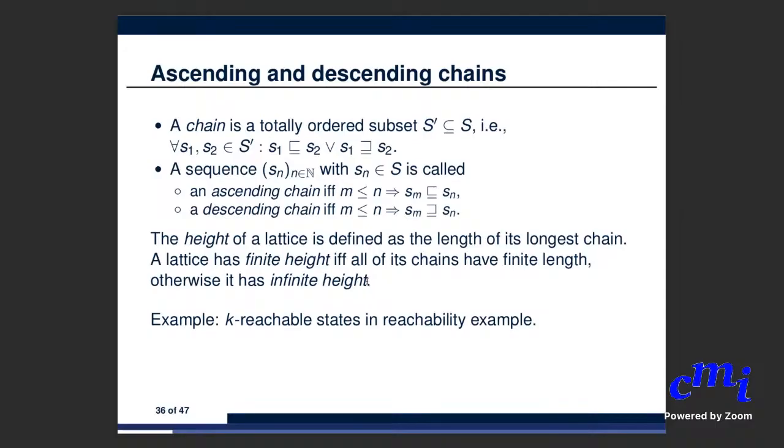If the elements of your lattice are sets of states, subsets, the power set over a universal set of states related by the inclusion operator, a relational operator between sets, then any chain here gives k reachable states from the origin state.